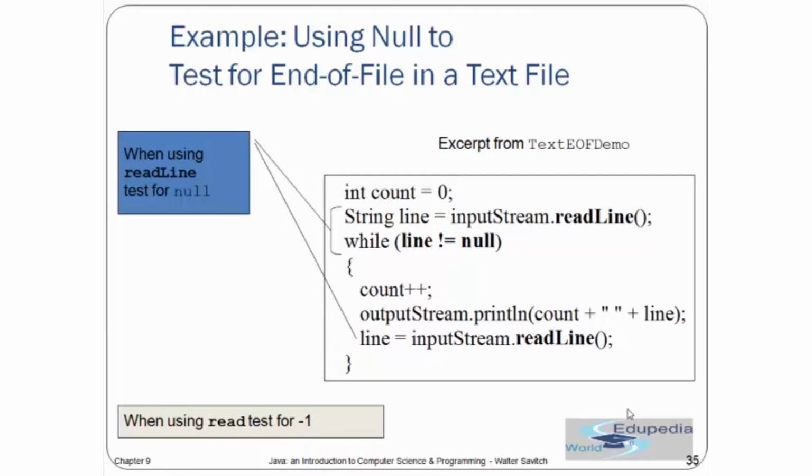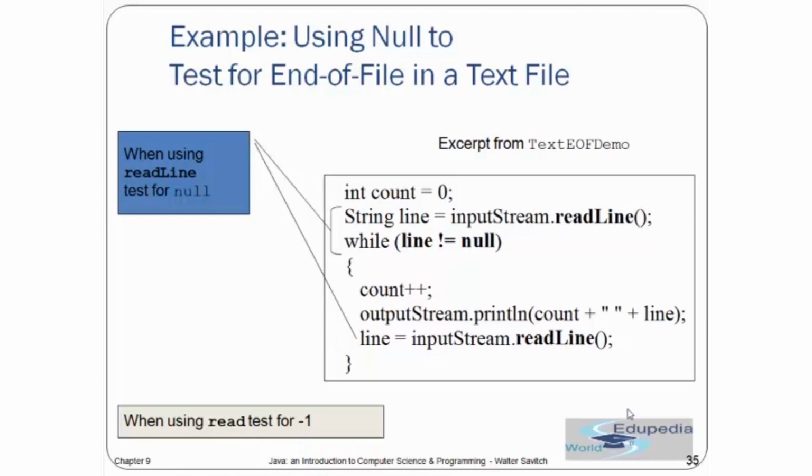So you see in this code we have a count of 0 and then we are reading using inputStream.readLine. And then we are doing while line is not equal to null. Then we are increasing the count for each line and then printing that line, again and again using readLine.